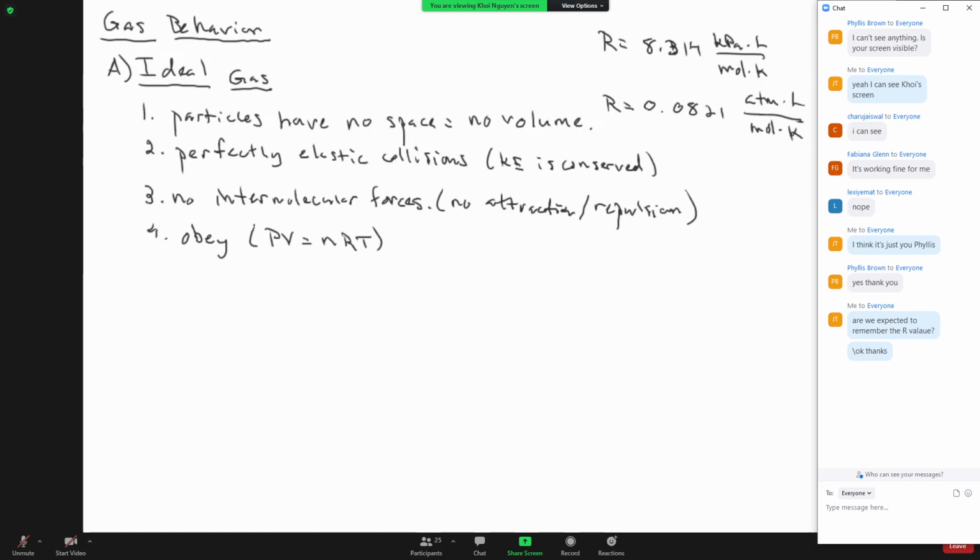You remember using this number a lot in general chemistry. You remember using this number a lot when you're doing physics, right? But when you're doing physics and thermodynamics, you use the first one quite a bit. The second one is only when you have atmospheres as your pressure, okay? So just remember that pressure is in the units of atmospheres.